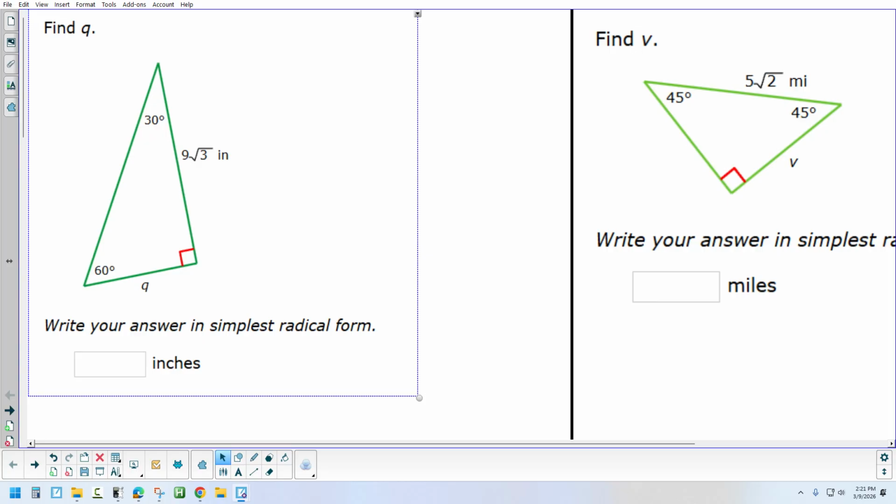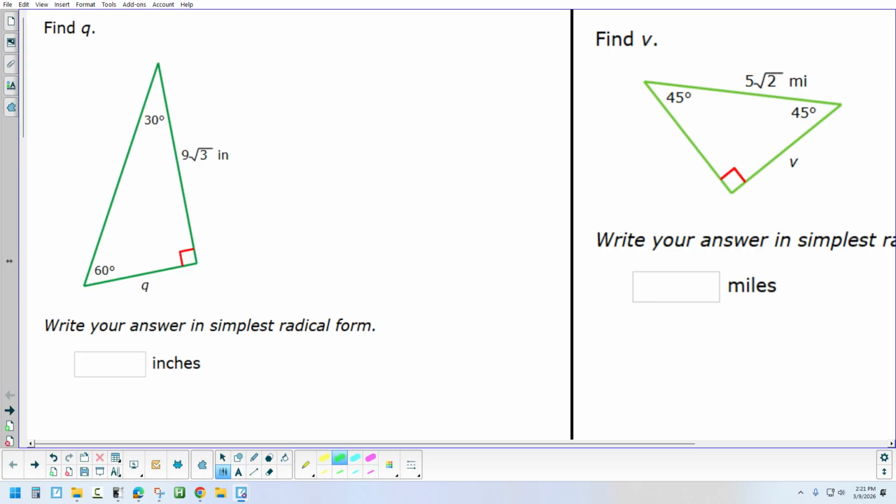Yes, 30, 60, 90. How do you know it's a 30, 60, 90? Because you have 30 degrees in the top and 60 degrees in the left corner. Right, they label it. And there's a 90 in the corner. So you got a 30, you got a 60, and you got a 90. They label all your angles for you right there.